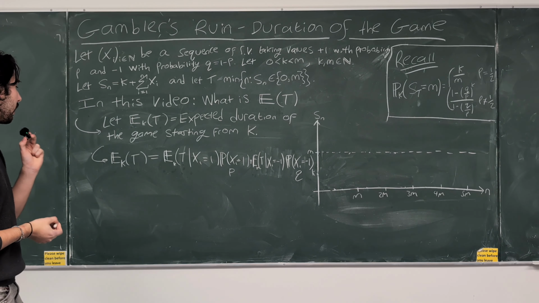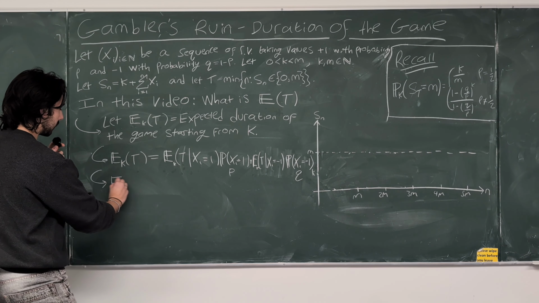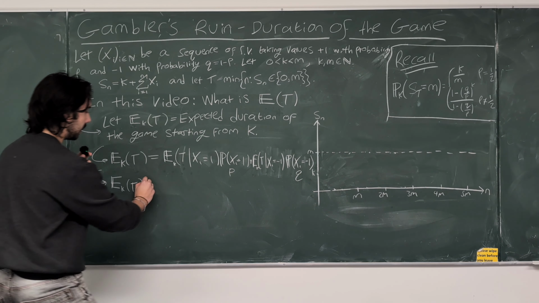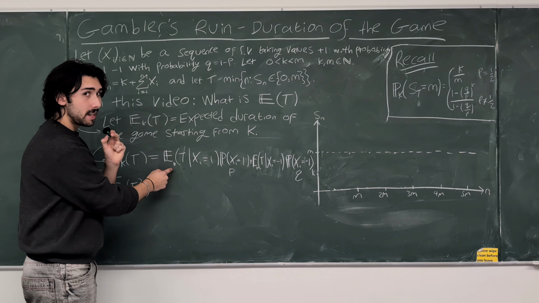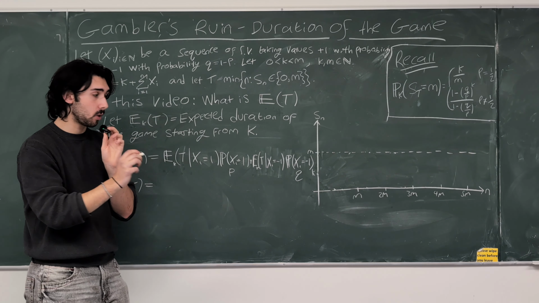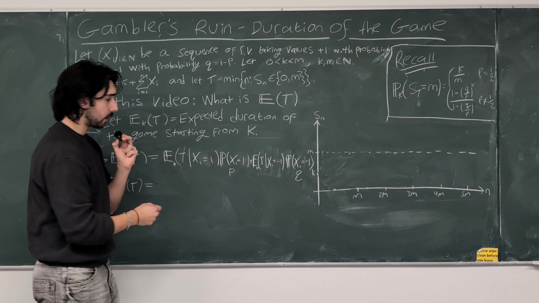And basically we have got another recurrence relation, because what we can do is say this is still the expected value of T, and then this is equal to, so you've started from k, how many games does it take in order to eventually stop, given that the first one is a success, you win your first game.